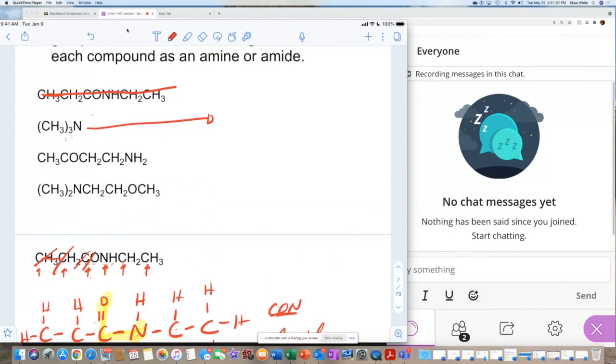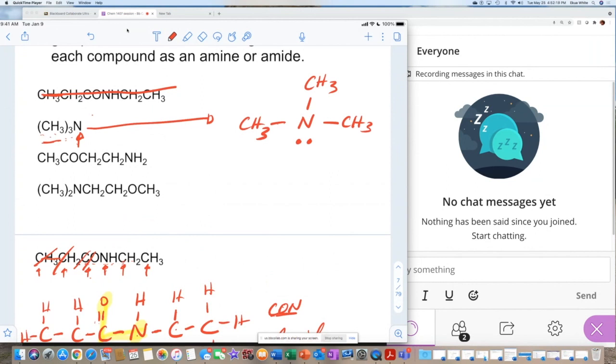With this one here, we only have one central atom. Our central atom is nitrogen, and it's surrounded by 3 CH3s. 1 CH3, 2 CH3, 3 CH3s. Remember, the nitrogen has a lone pair right here. Now, what kind of bond do we see?